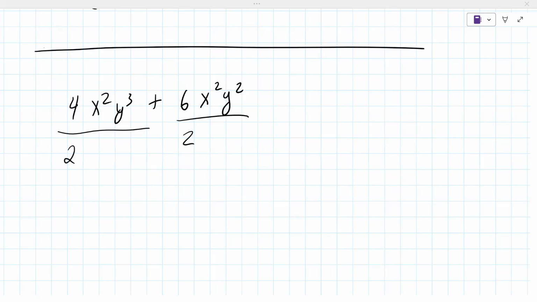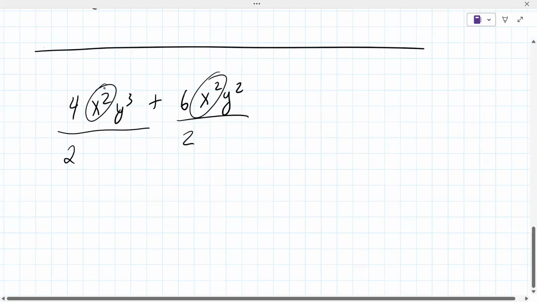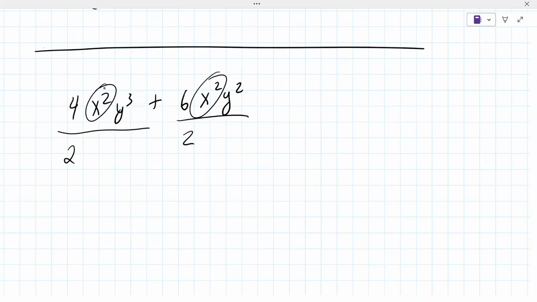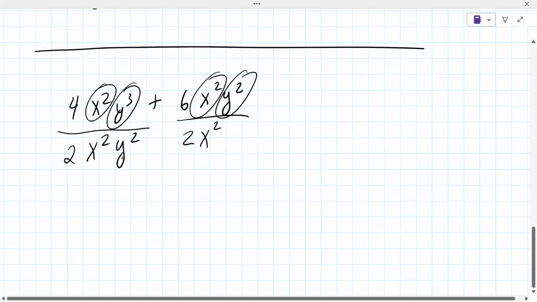You've got x squared and x squared. X squared. Yep. So x squared is the common factor. Now how about y cubed and y squared, which is the smaller exponent? Y squared. All right.